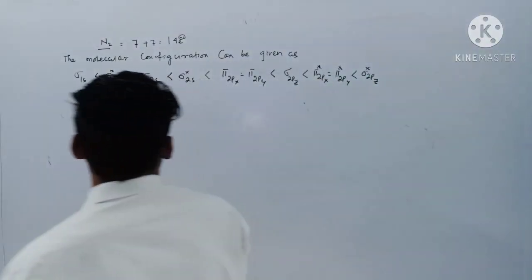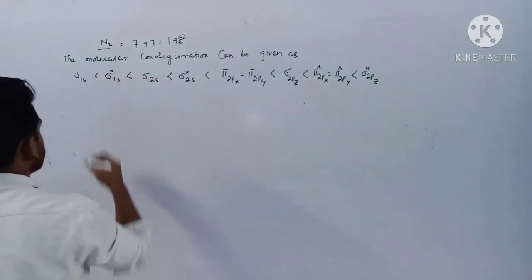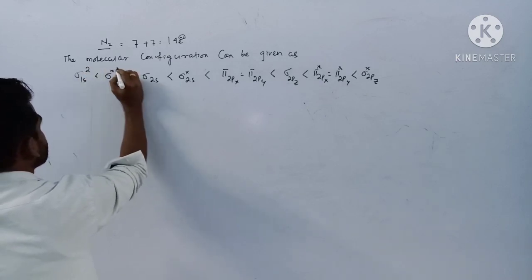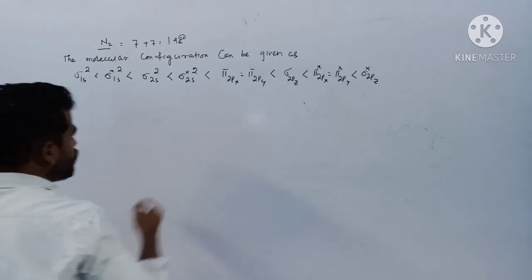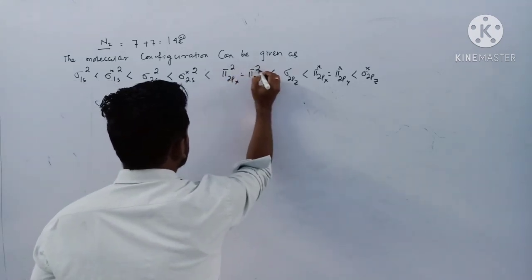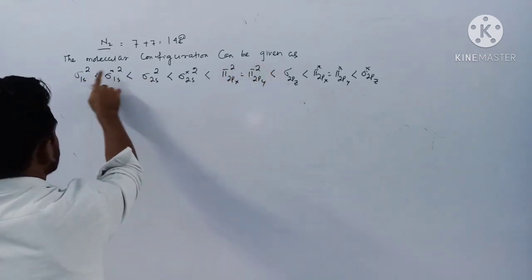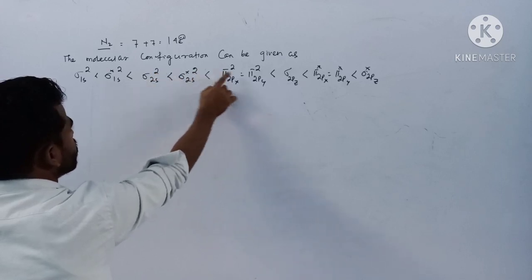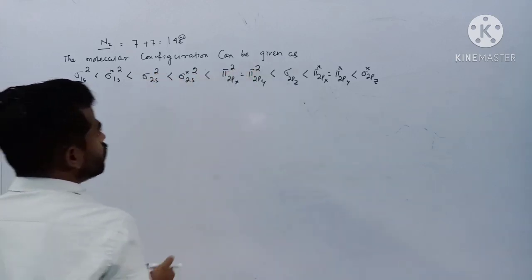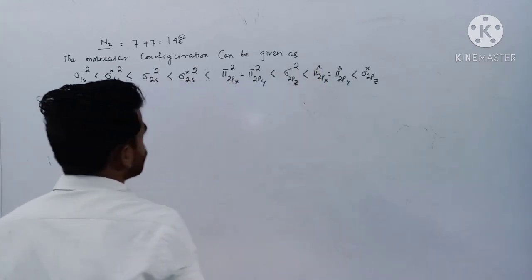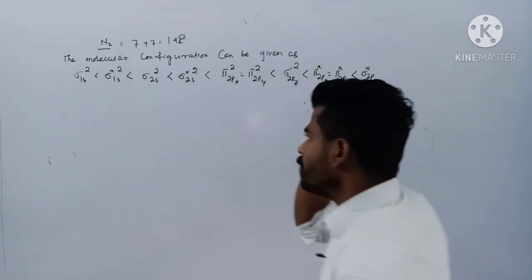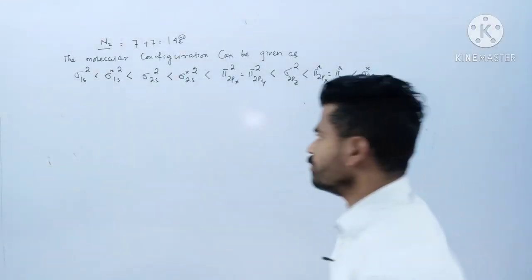If you mention the electrons, 14 electron species, 2 electrons over here, 2, so totally how many electrons? 2, 4, 6, 8, 10, 12, and here 2 electrons, 12 to 14. So this gives the molecular configuration for dinitrogen.